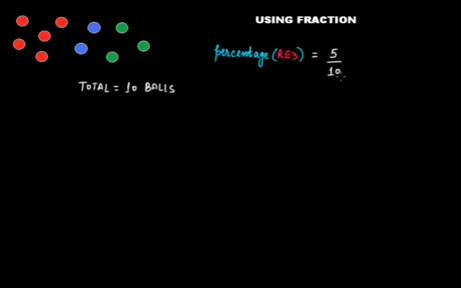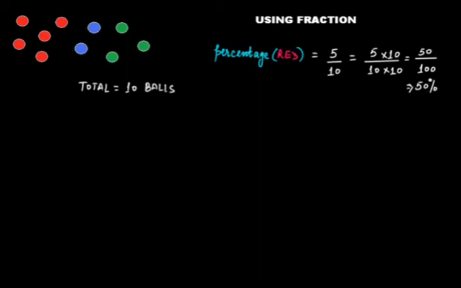So this is 5 over 10. And if I have to calculate percentage, I'll use the concept of equivalent fractions. And if I multiply the numerator and denominator by 10, because clearly if I multiply 10 to this 10, I'll get 100 in the denominator. So this will be 50 out of 100. This is 50%. What percentage does it represent? It represents 50%.